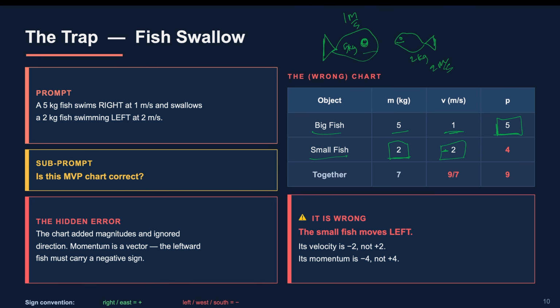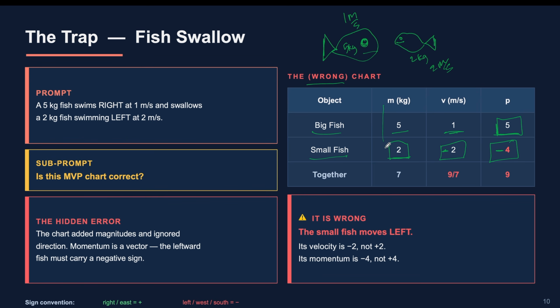So it would be -4. You see, this was a trap. That's why these numbers are red here. This wasn't the real velocity. It's -2, so it gives you -4. It's the wrong chart. It was just to trick you guys, okay?